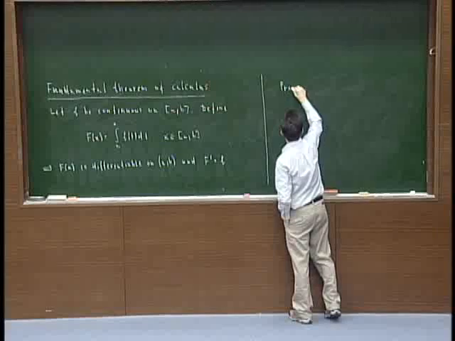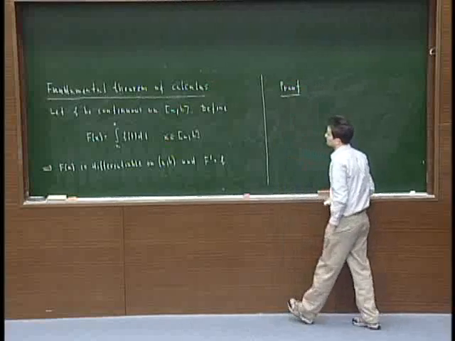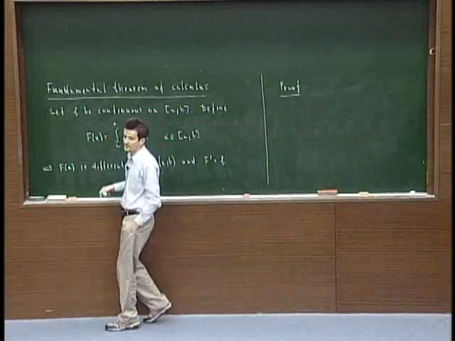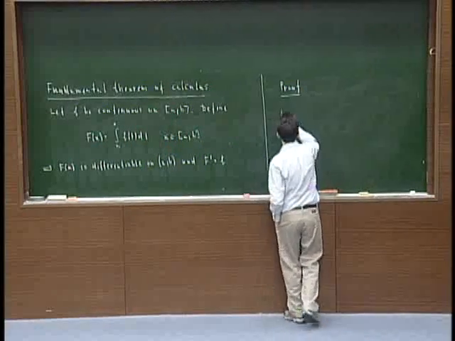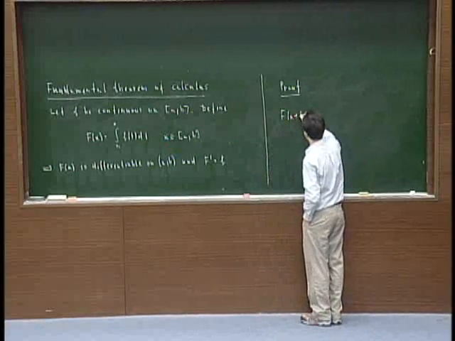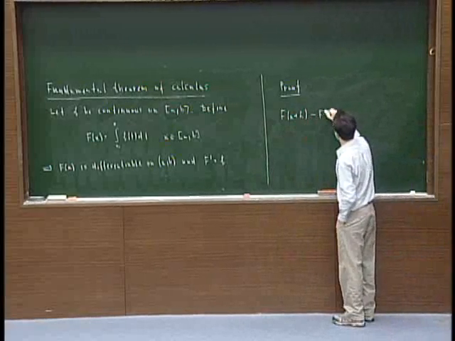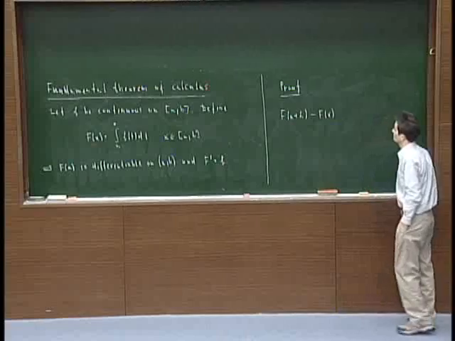Okay, now the proof. So what we do is we look at F of x plus h minus F of x, as I have done here in the heuristic reasoning.